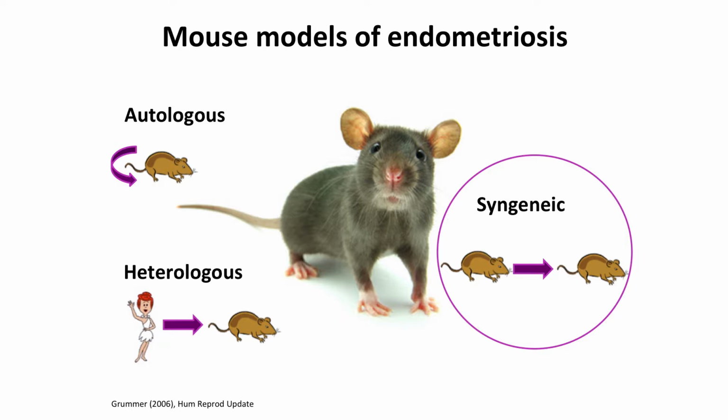The heterologous model, where human endometrial tissue is xenografted, usually subcutaneously, into immune-deficient mice. And the syngenic model, where donor mice are used for endometrial tissue, and this is sutured onto the peritoneal lining of recipient mice or injected into the peritoneal cavity. And in Edinburgh, it's this syngenic model that we've adapted for our studies.